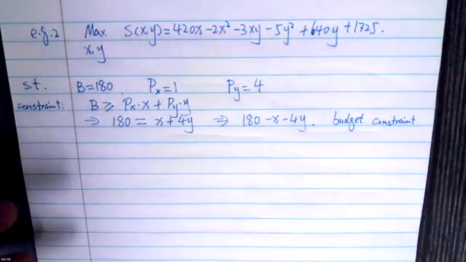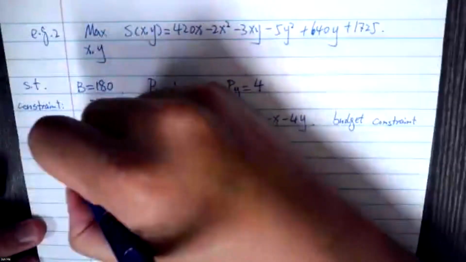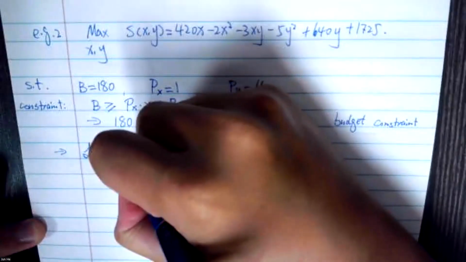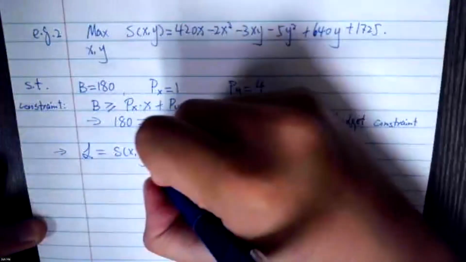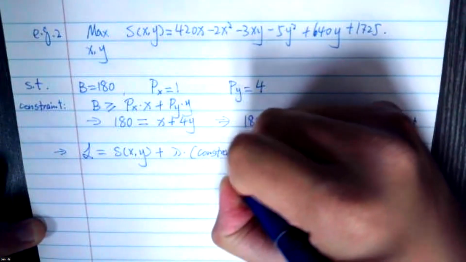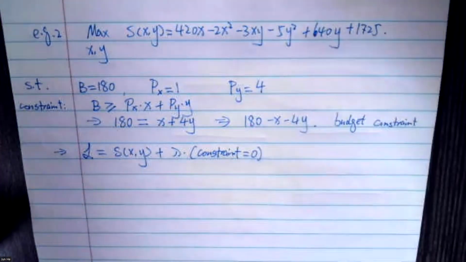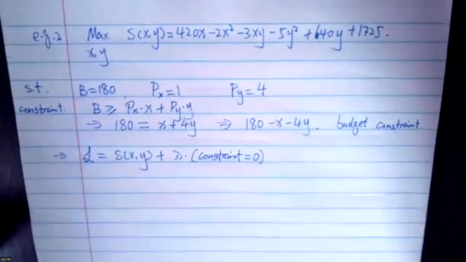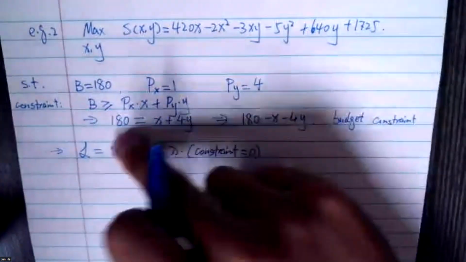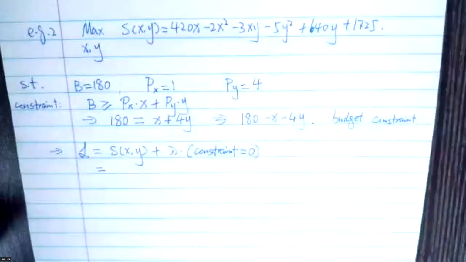So then what we need to do is construct a Lagrangian equation, which is L equals S as a function of X and Y plus lambda times the constraint equal to 0. So here, for demonstration purposes, for maximization of clarity, I'm writing down every step. You don't have to, but here, I just want to make things clear to everybody.